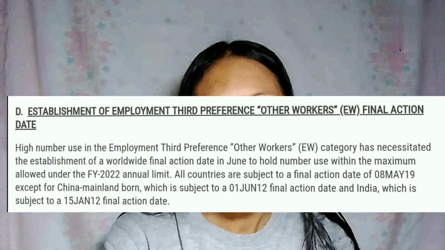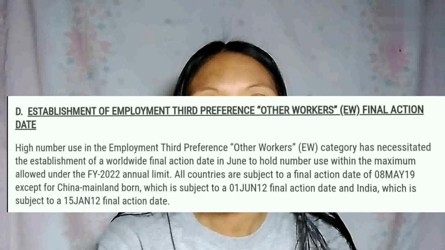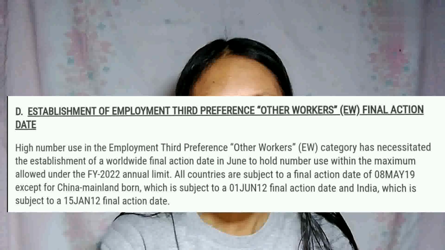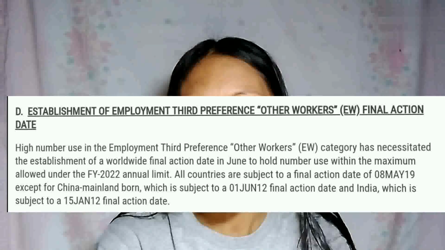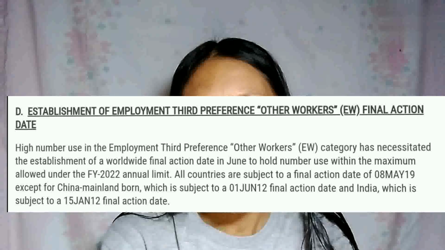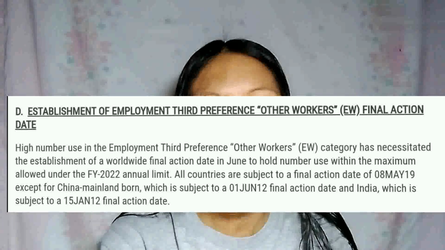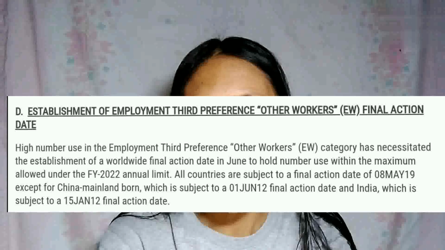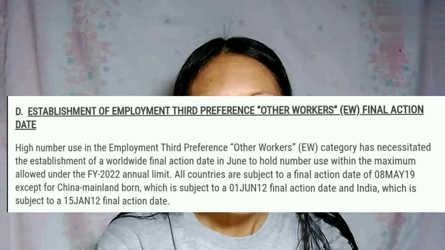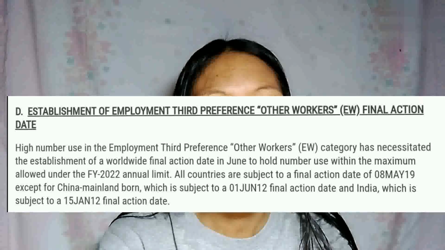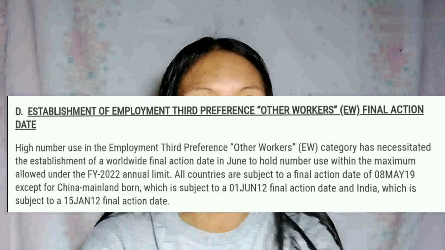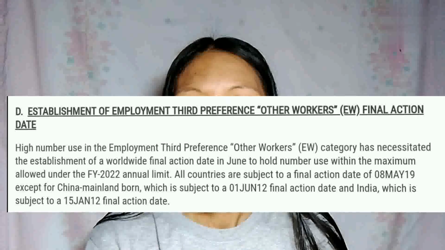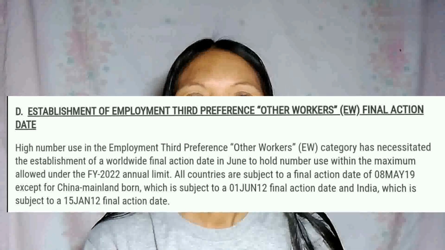Establishment of Employment Third Preference Other Workers, EW final action date. High number use in the Employment Third Preference Other Workers, EW category has necessitated the establishment of a worldwide final action date in June to hold number use within the maximum allowed under the fiscal year 2022 annual limit.